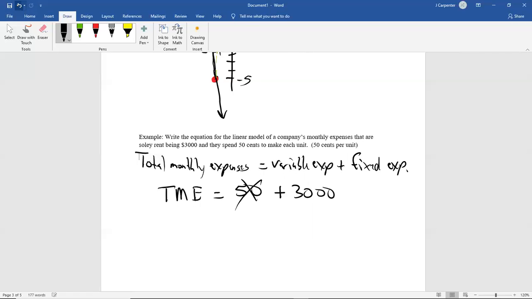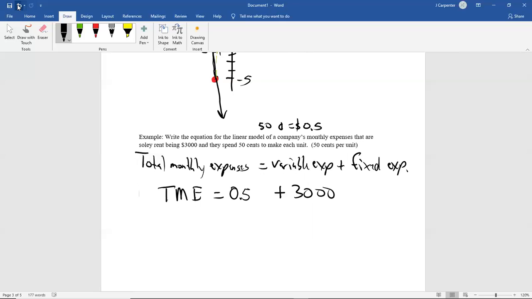That would be wrong because now I've got cents and dollars and they aren't in the same scale. So I've got to convert that 50 cents to 0.5 or 0.50, whichever you like. I'm going to stick to 0.5. So 50 cents is $0.5, of course.